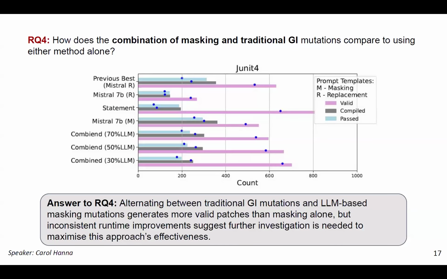And then finally, we look at combining masking with traditional GI. We have kind of a similar setup in terms of the graph. Pink is valid, gray is compiled, blue is passed. And we saw that while the combination generated more valid patches than just masking alone, the runtime improvements were pretty inconsistent when we looked across all the 5 projects.